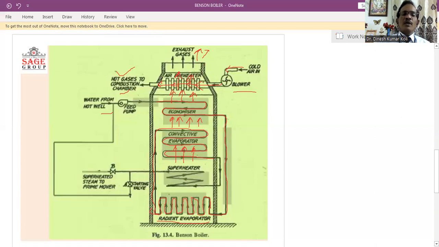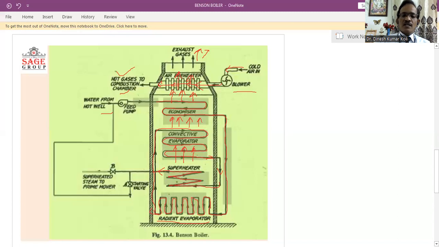So the radiant evaporator, including this convective evaporator, will completely convert water into steam, and then this steam will go to the section called the superheater section. This superheater section is just closer to the combustion chamber here.